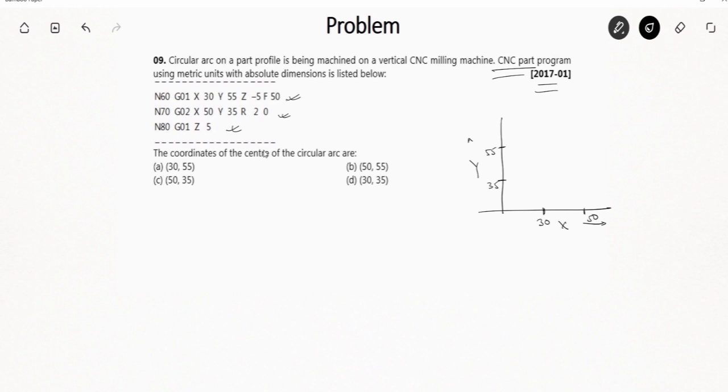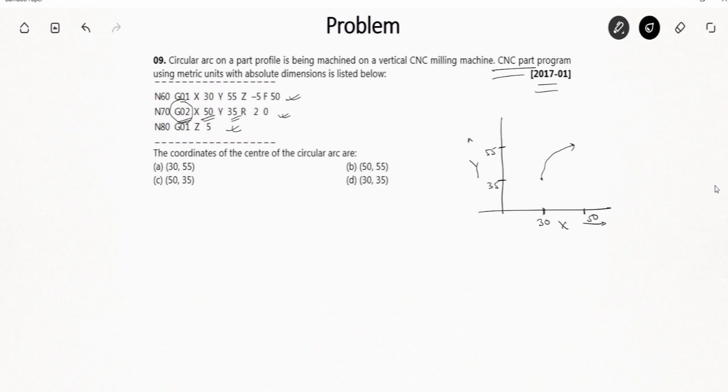They are saying G01 is x30, and G01 is the linear interpolation code, so a position is given. Now G02: if you remember, G03 was circular counterclockwise, and G02 is circular clockwise, so a circular motion is there. It is clearly known from the code G02 that a circular interpolation is going on in the clockwise direction. So the new coordinate is x50, y35.